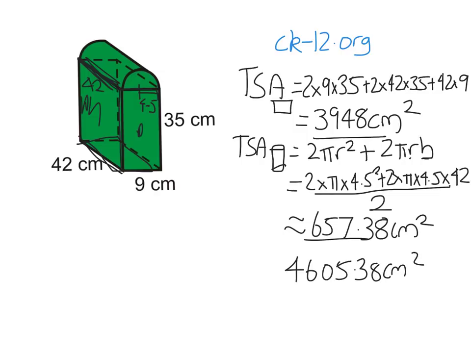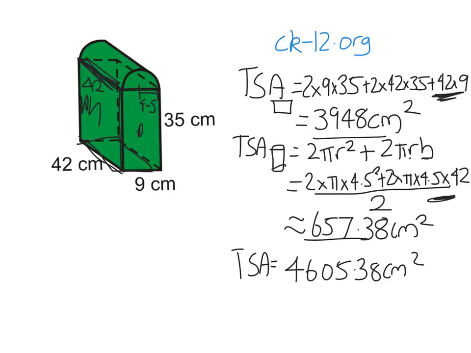That's the total surface area of the shape, okay? So I couldn't just do the rectangular prism and the cylinder as they were and add them together. I needed to account for the fact that the rectangular prism had one face missing, and also that the cylinder was only half a cylinder. So that's how we do the surface area for that.